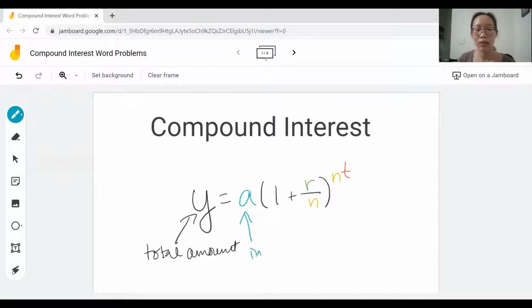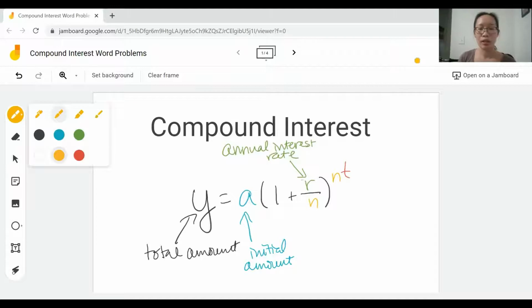Your a represents your initial amount, or how much you put into the bank, or how much you borrow. Your r is your annual interest rate, which always has to be expressed as a decimal. And then your n is the number of times that your interest is compounded in a year.